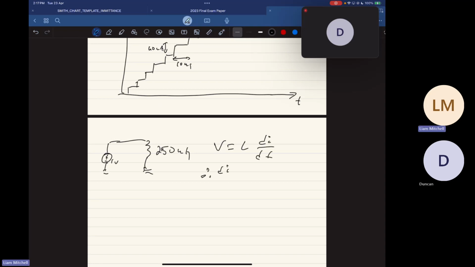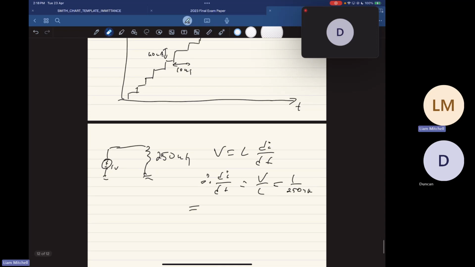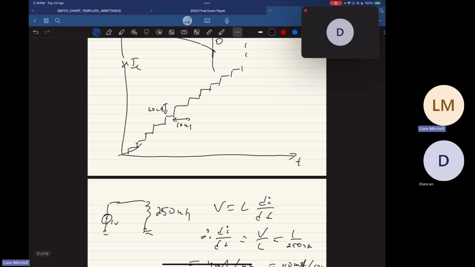Therefore, di dt is V over L, which is 1 volt over 250 nanohenry, which ends up being 4 milliamps per nanosecond, or 40 milliamps per 10 nanoseconds. So you essentially have the same.